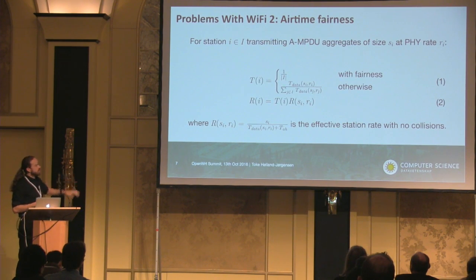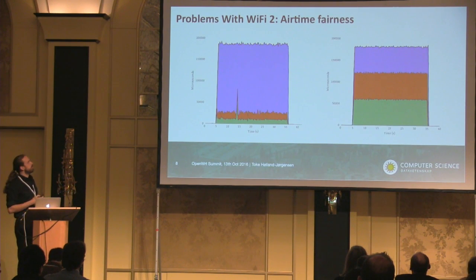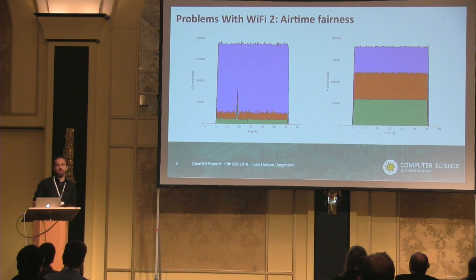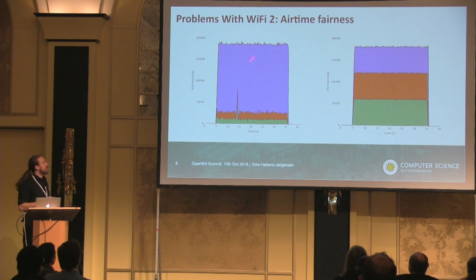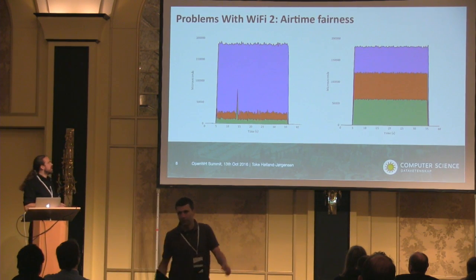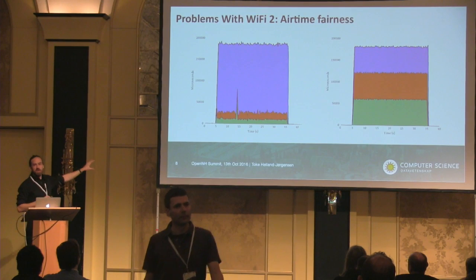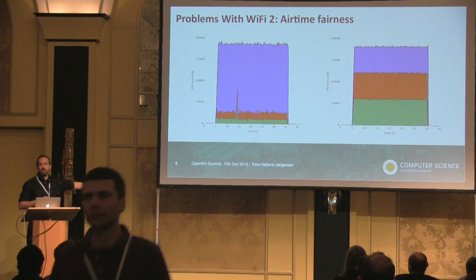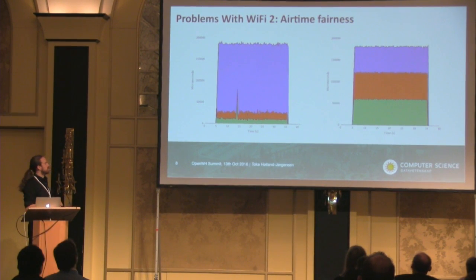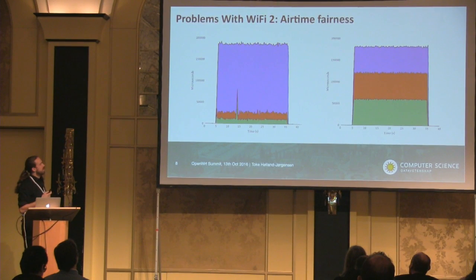And to turn this into something concrete, this is what happens. So this is a graph of the actual time spent transmitting with 3 stations, where the big purple one is the slow station. So this transmits at the lowest rate, and the others are just sort of normal 50 megabit per second throughput rate on an 802.11n.